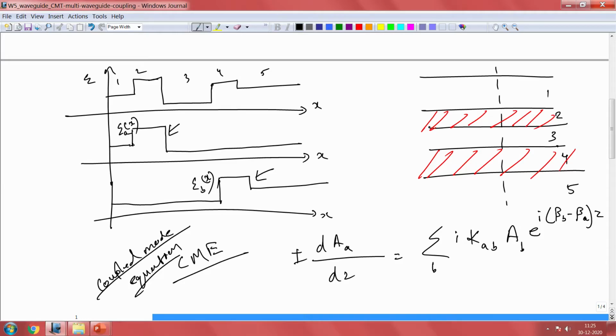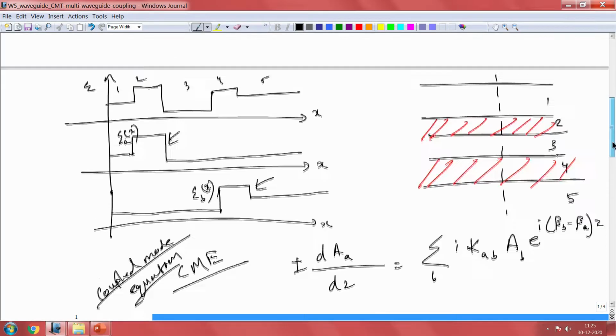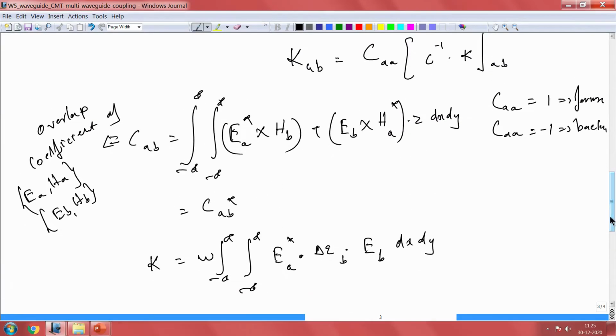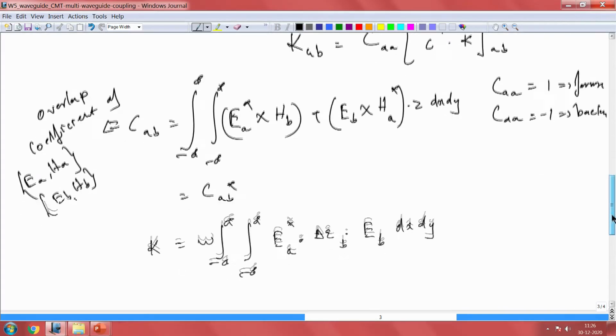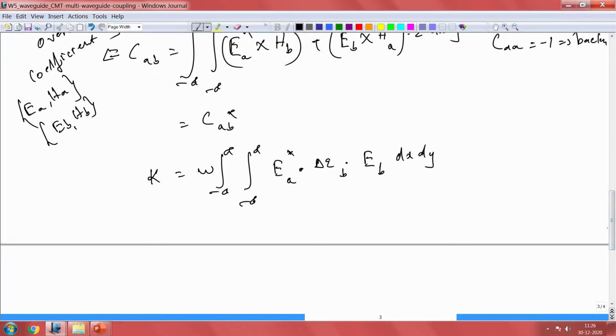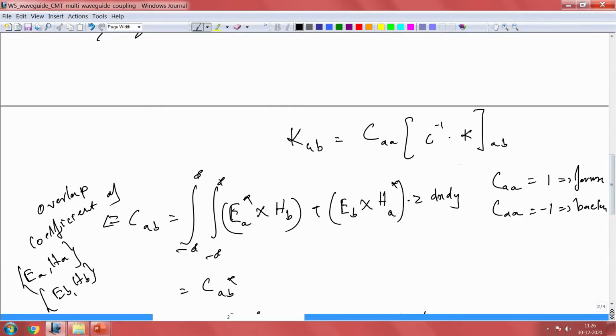If you compare the orthogonality between these two, it is not going to hold. That is the reason why you have the overlap here. If they are not orthogonal, then your C_AB will not be equal to 0. C_AB would be 0 if these two modes were orthogonal normal modes, but that is not what you want. You want this coefficient not to be 0.